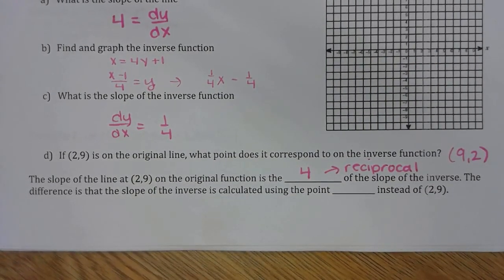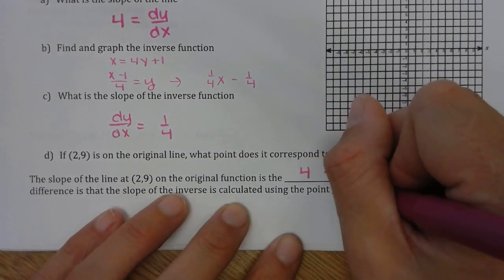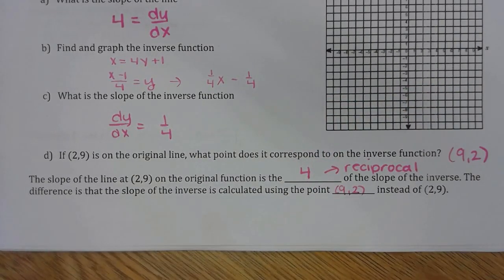So the difference is that the slope of the inverse is calculated using the point (9, 2) instead of (2, 9). Yes, as long as it's linear.